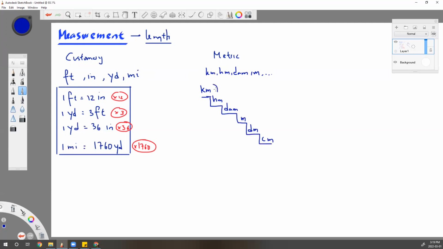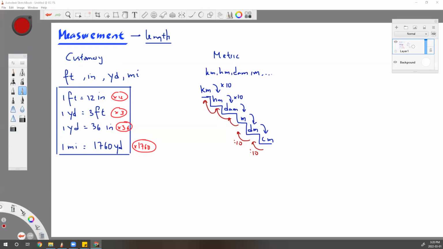For each step going down, you multiply by 10, and so on. If I'm going up, I divide by 10. Just switch the operation. So if I go up 3 steps, I divide by 1,000, because it's 10, 10, and 10. If I go down 3 steps, I multiply by 10 times 10 times 10.